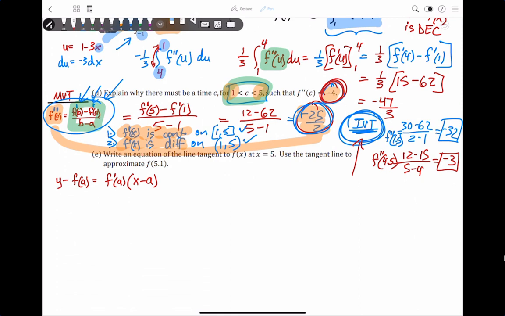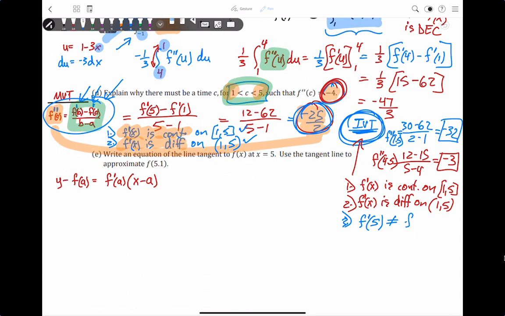The only difference is that there's a third condition. So first condition, we're going to say f prime is still continuous on 1 to 5. We're going to say that f prime is differentiable on 1 to 5 non-inclusive. And then intermediate value theorem says, does the third one hold true? Does f prime at 5 not equal f prime at 1?